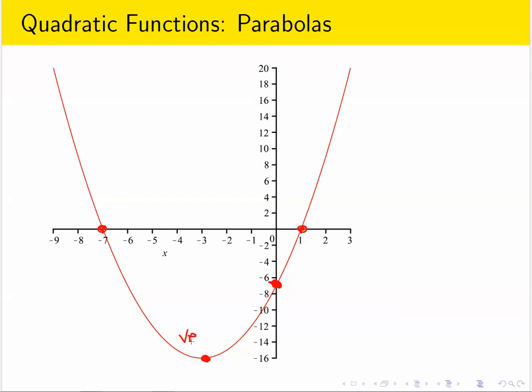So if we're labeling these, we could write the vertex is at -3, -16. And then my intercepts are at x equals -7, x equals 1, and y equals -7.